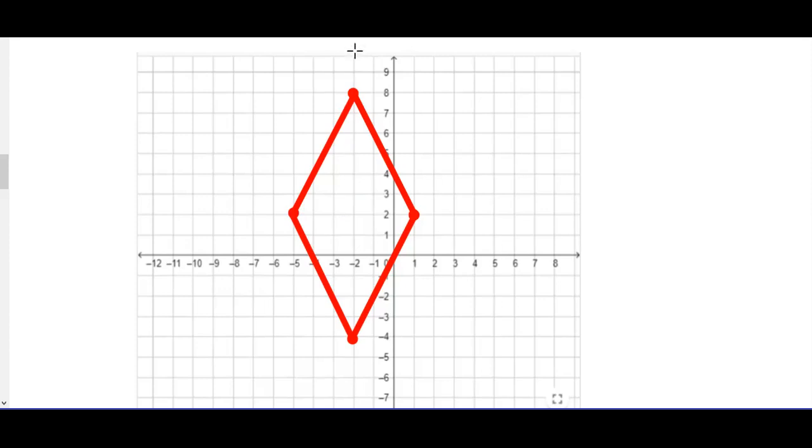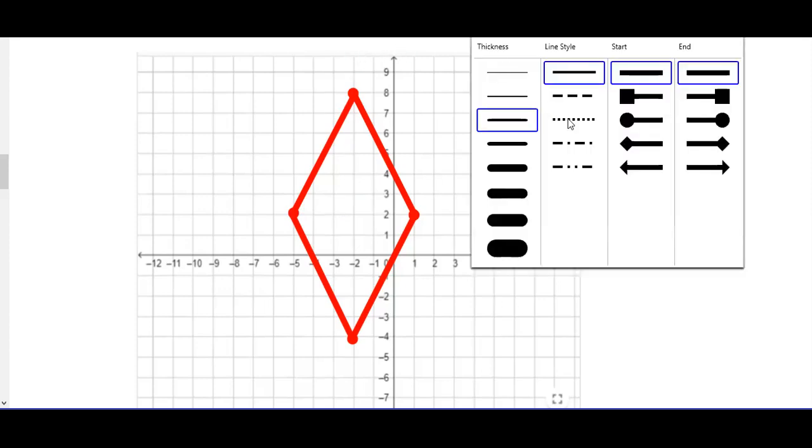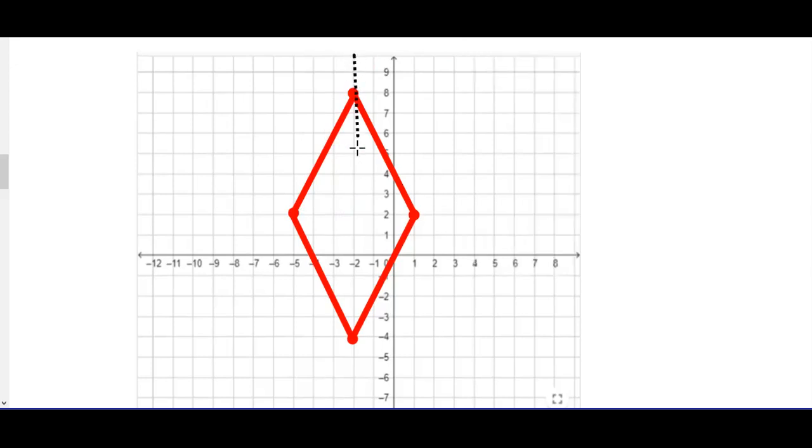3. So my first line of symmetry, let me try to go with dotted lines. So my first line of symmetry will be going that way. See that? Let me check. 1, 2, 3 on this side. 1, 2, 3 boxes on the other side. So that is my first line of symmetry.